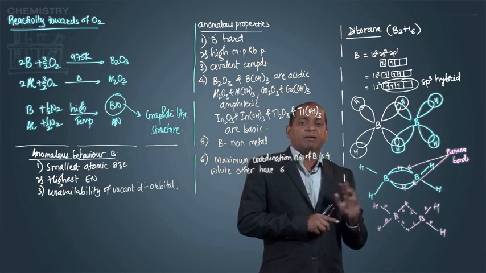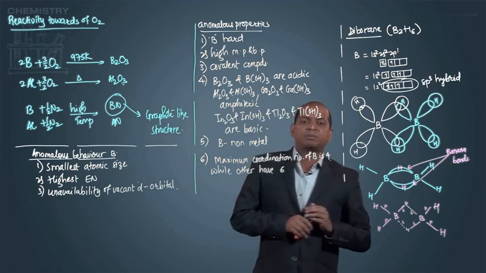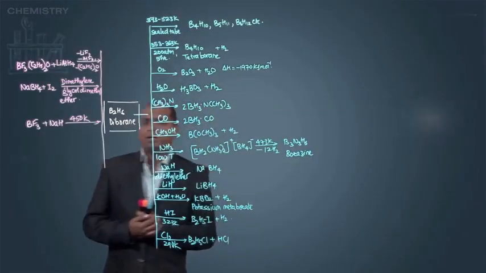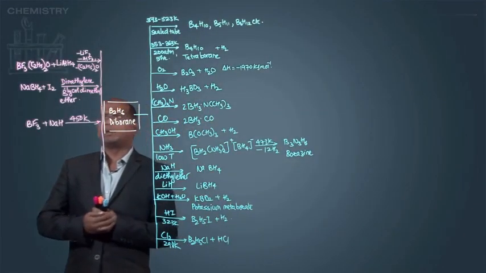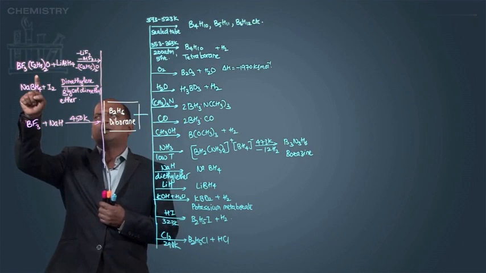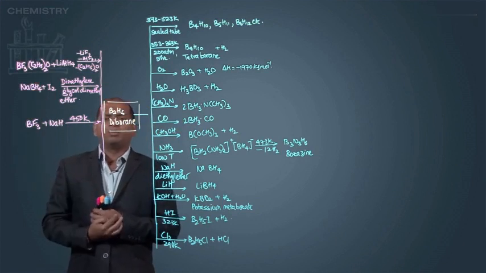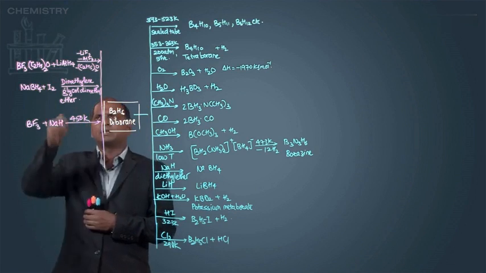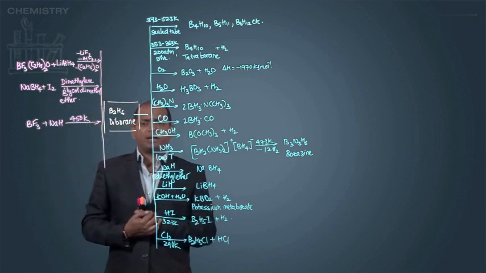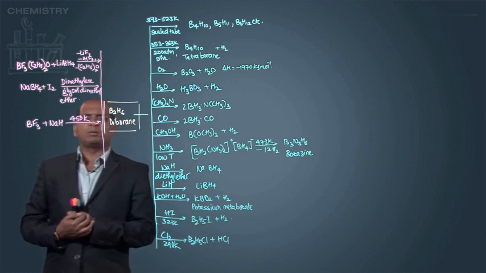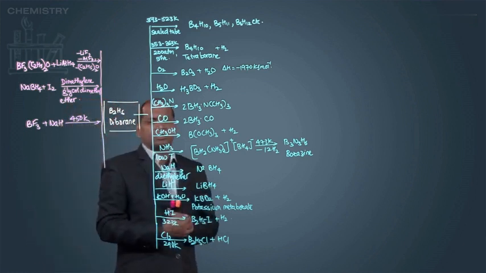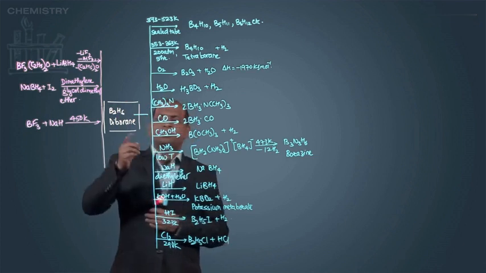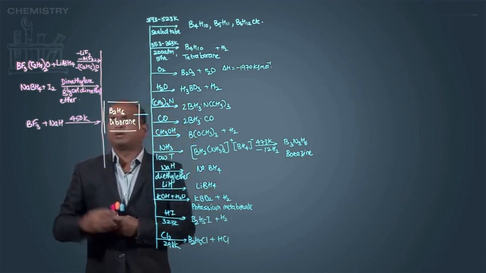Now we have to discuss the methods of preparation of diborane and the reactions of diborane. Diborane can be prepared from trifluoroborane diethyl etherate with lithium aluminium hydride. Lithium aluminium hydride acts as a reducing agent and fluorine is replaced by hydrogen, so that we get diborane.